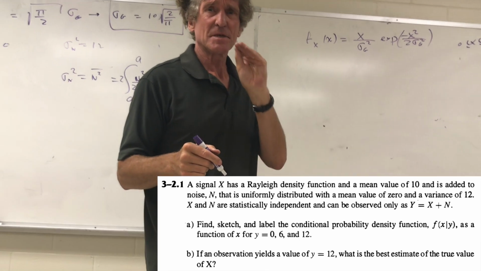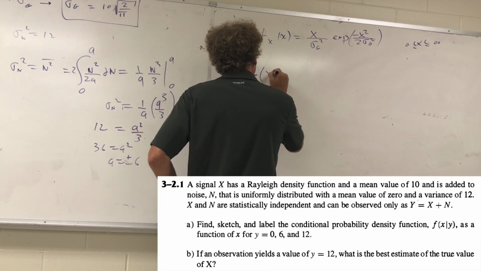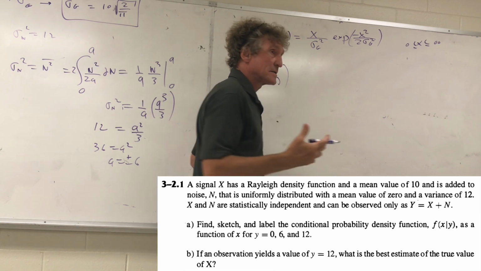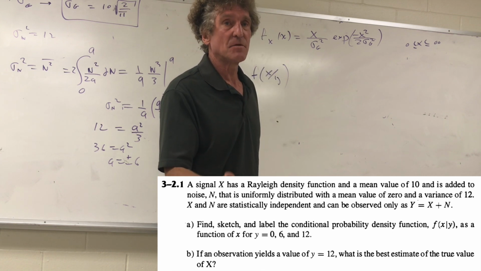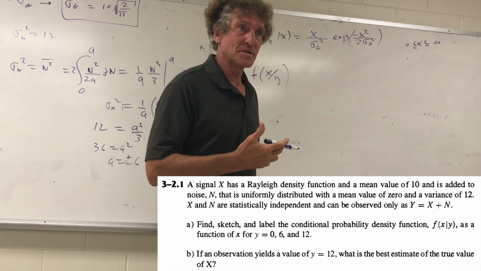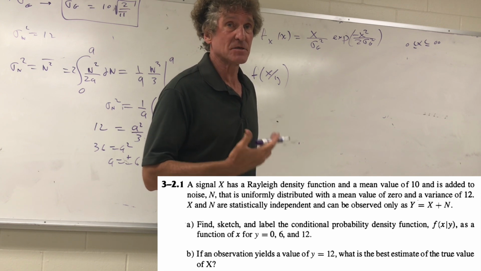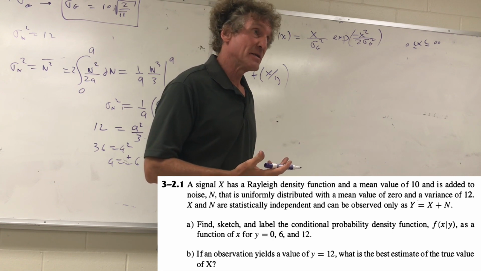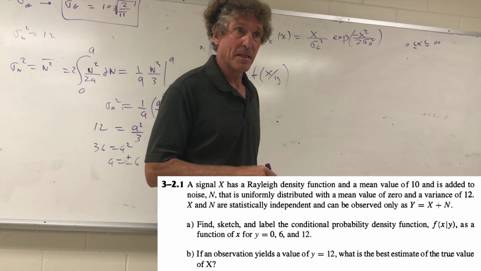Now you have to tell me exactly what he asked for. He wants f of x, given we know what y is? Yes. In other words, we know what the signal is we receive. We would like to know something about the density function of x. That way, if we have f of xy and we want to know the probability the signal is correct, we can integrate over the range of values that we have.